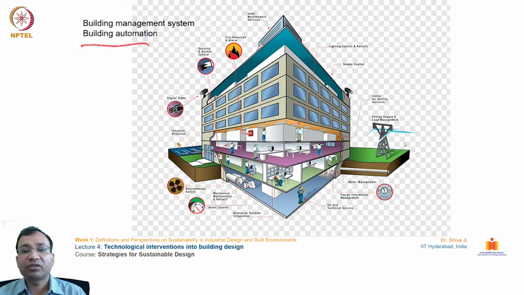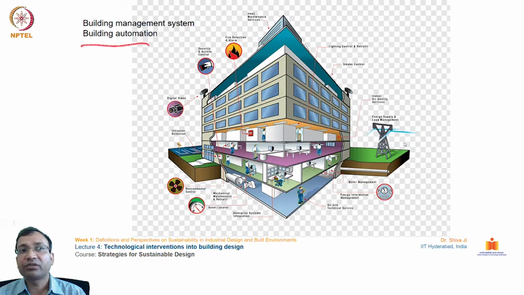With these systems we can achieve a number of automations in buildings. These automations will help not just in security and maintenance, but even in minimizing the energy load and resource consumption in our buildings.